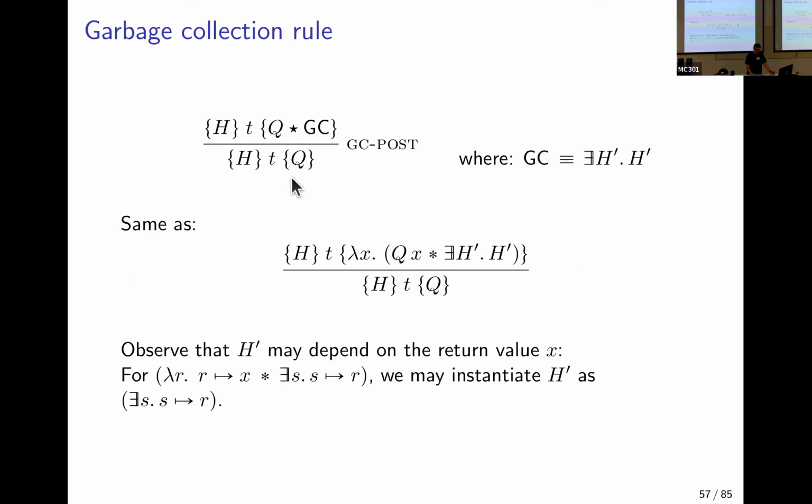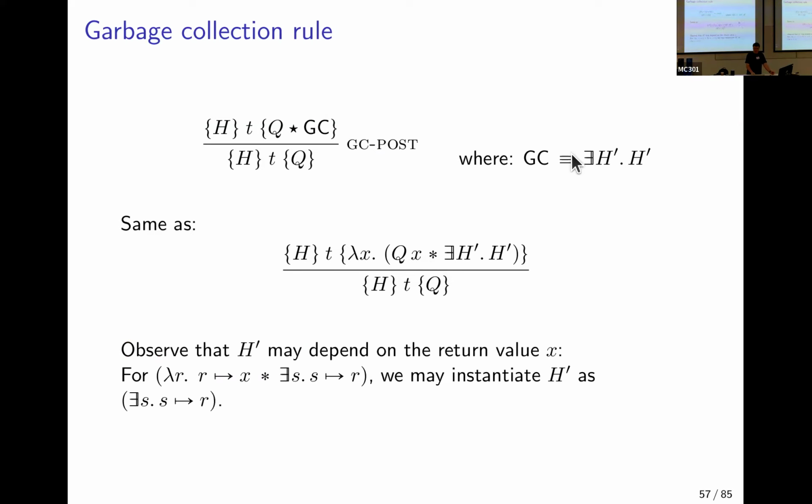Okay, so the real rule is this one, H T Q star GC, and GC is exists H prime. H prime. You can also call it true because it's true on all heaps. So if you unfold it, it's the same as the following: lambda x, Q x star, there exists H prime such that H prime.